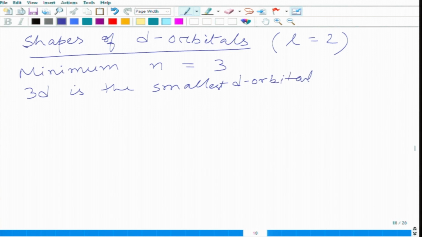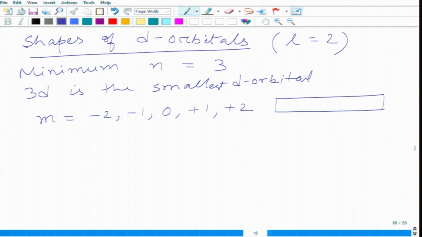So, for l = 2, how many orbitals will be possible? The value of magnetic quantum number m can be -2, -1, 0, +1 and +2. So, we write them like this.